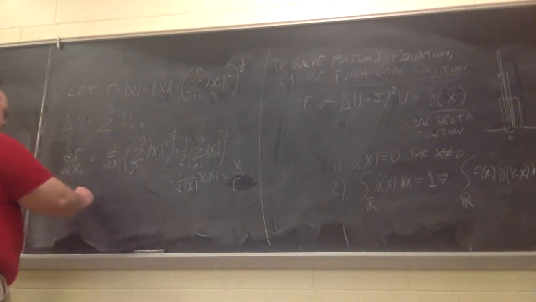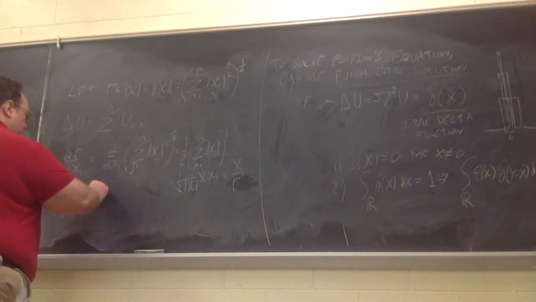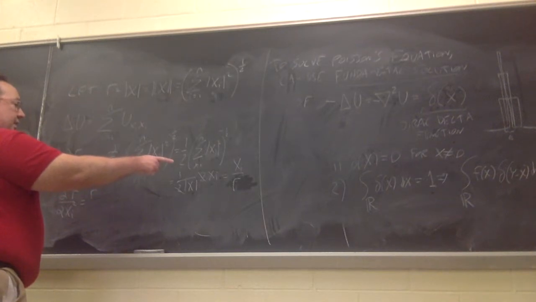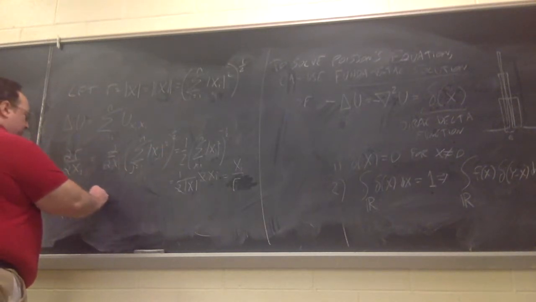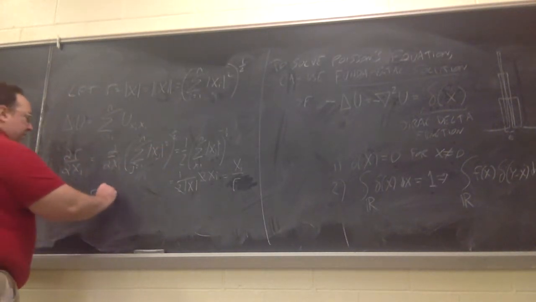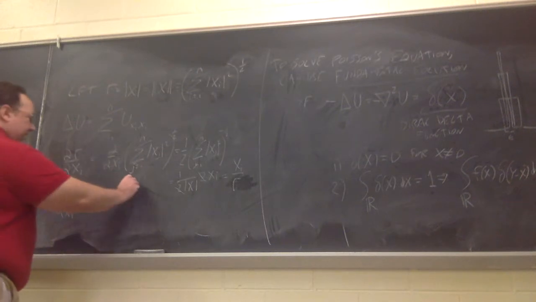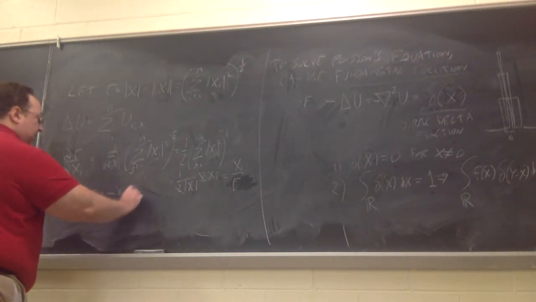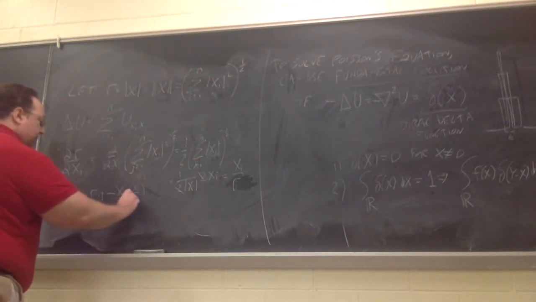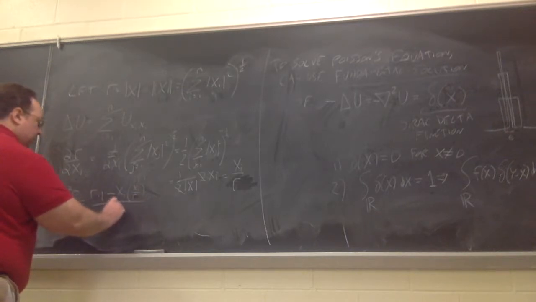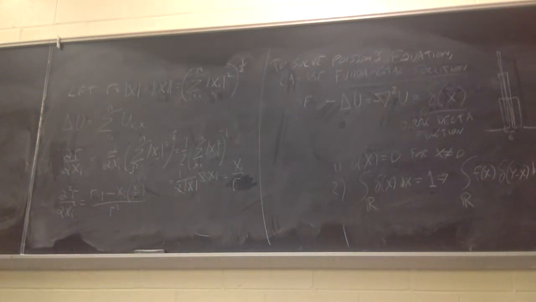So that would be r times the derivative of xi with respect to itself, but that's 1, minus xi times the derivative of r, but that's what we just did, all over r squared.